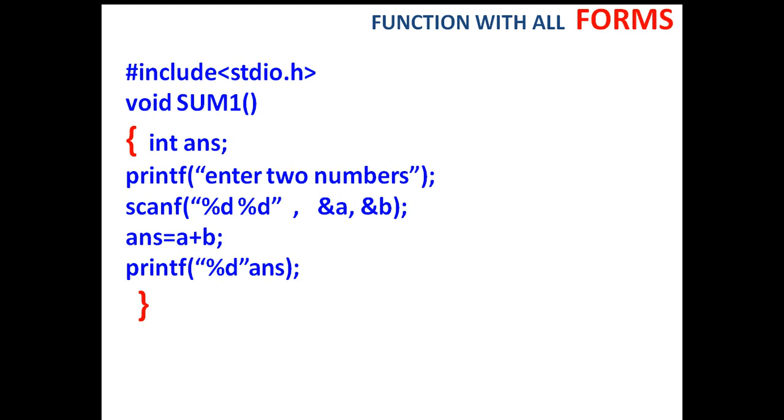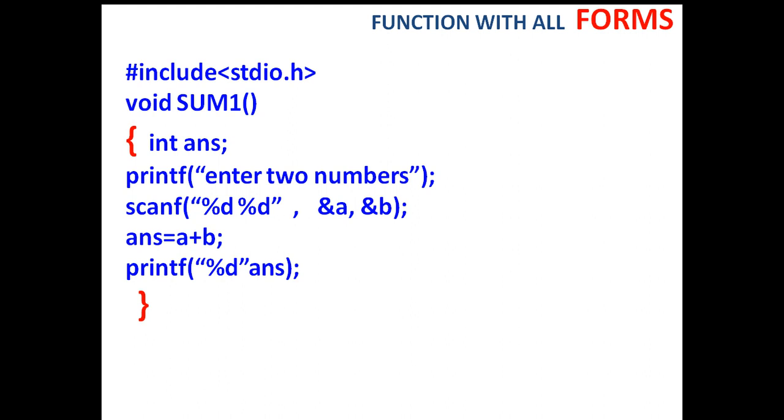How do we create this? First of all, we always write void, then the function name, then empty brackets. We can also write void within the empty brackets, and we will never write any arguments in these brackets. Then within the curly brackets, we will write the set of commands.